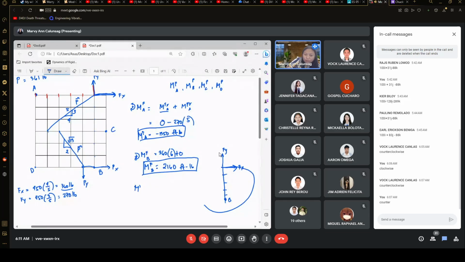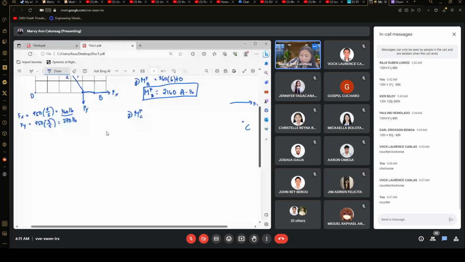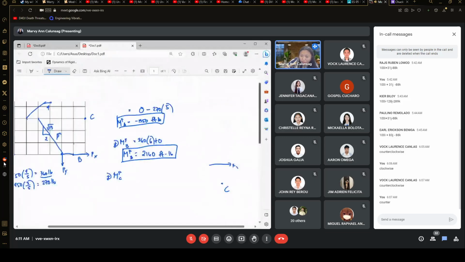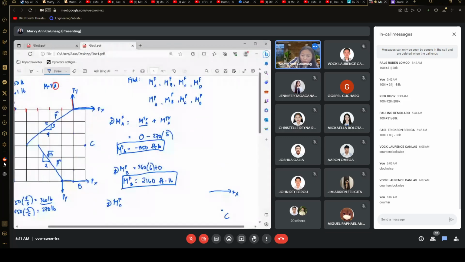Moment of F about C, still clockwise rotation positive. Si F about C. Si F, X, di ara si FX. And di ara sad si FY.